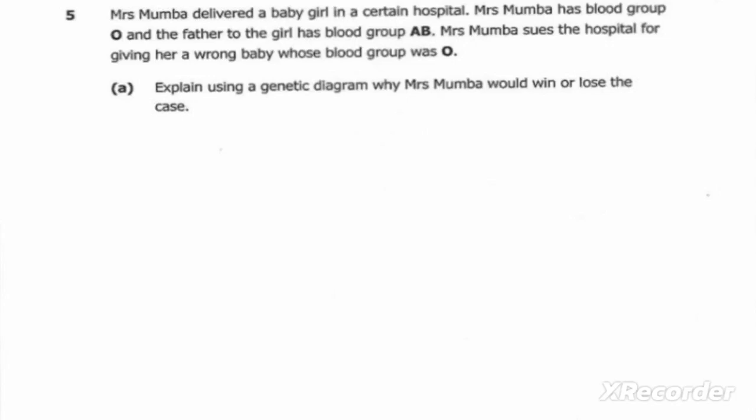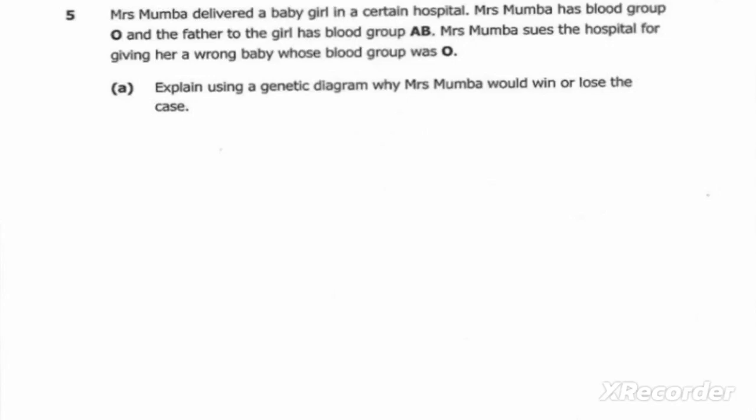So, the blood group of Mrs. Mumba is O, and the blood group of the father to the girl is AB. And we are told that the blood group of the child is O. Now Mrs. Mumba has decided to sue the hospital for giving her a wrong baby. So what are the chances?